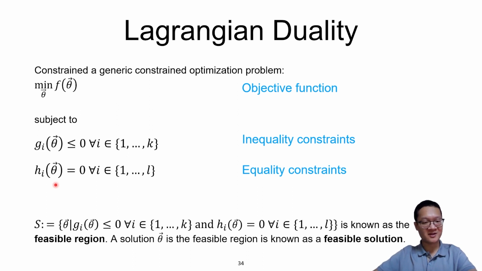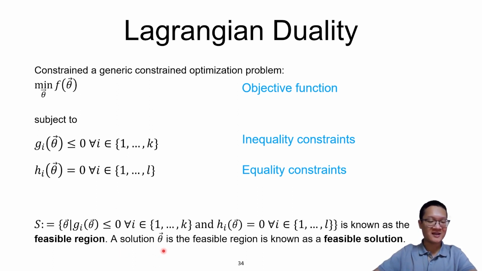So first, some terminology. The set of parameters theta such that gi of theta is less than or equal to 0 for all i, and hi of theta is equal to 0 for all i. So this just means that we're satisfying the constraints. This set of parameters that satisfies the constraints is called the feasible region.